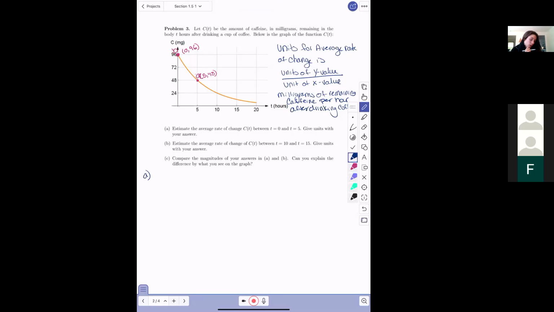So let's do our f of b minus f of a all over b minus a. So f of b is 96 minus f of a, which is 48, all over b, which is 0 minus 5. So 96 minus 48, let me do that quick.